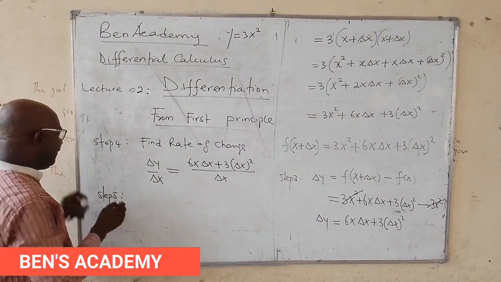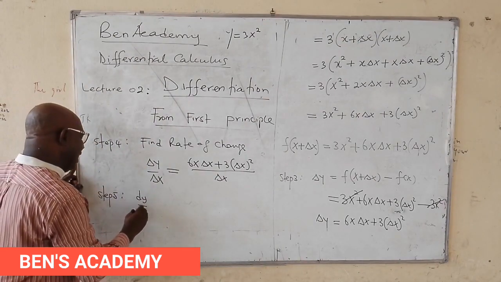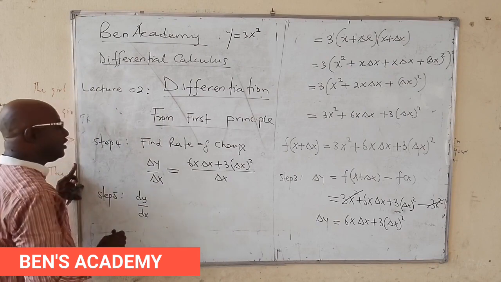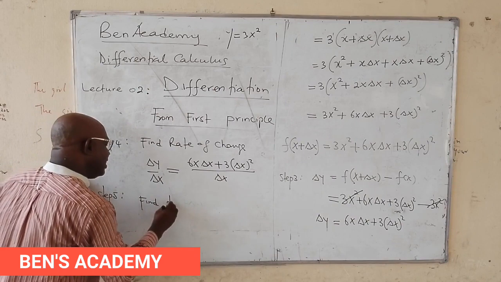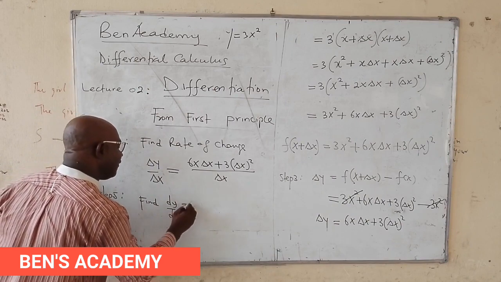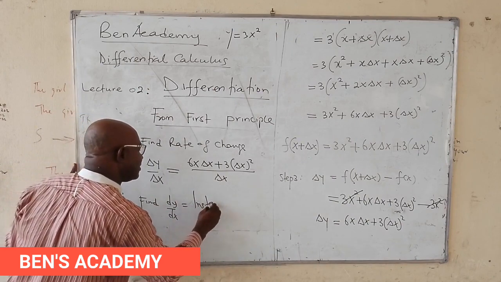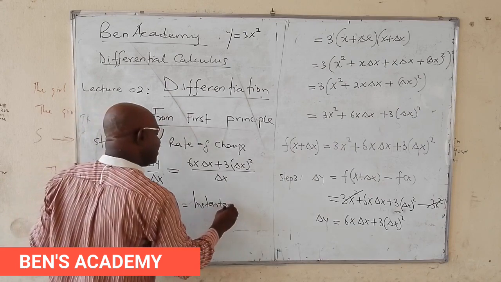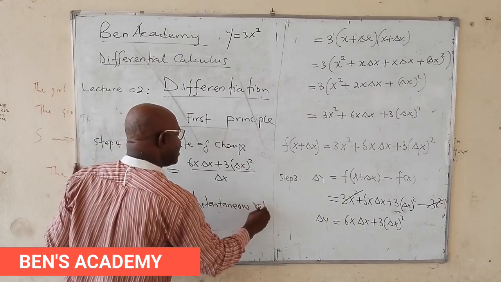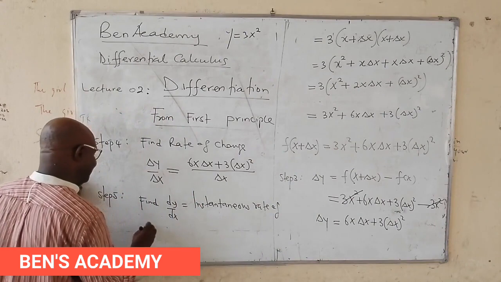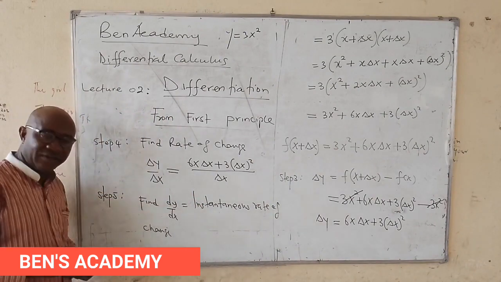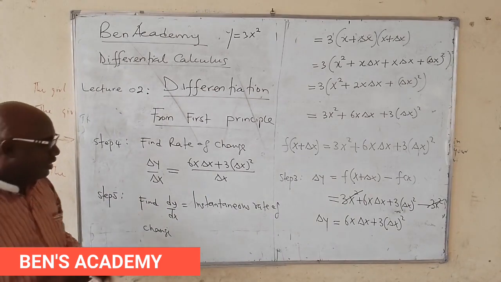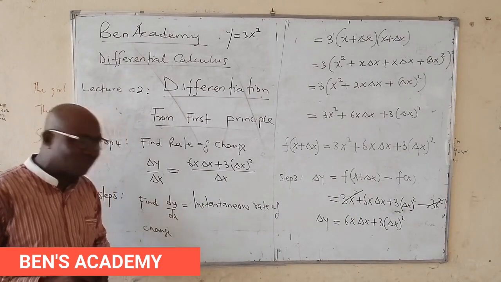In step 5, we find dy dx, which is the instantaneous rate of change. That is what we are looking for. Each time they are asked to find dy dx, they are telling you to find the instantaneous rate of change.